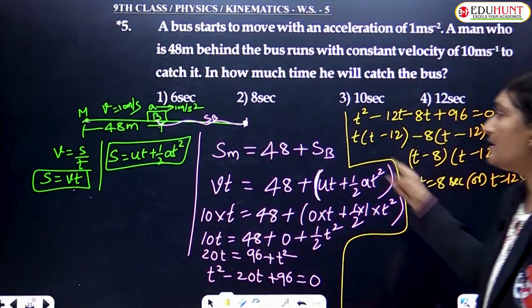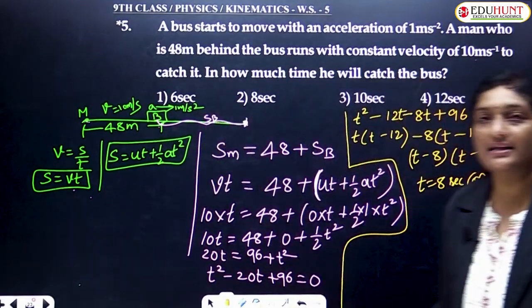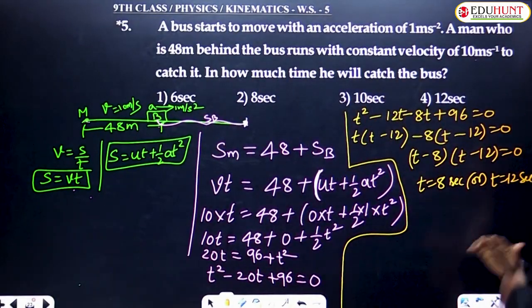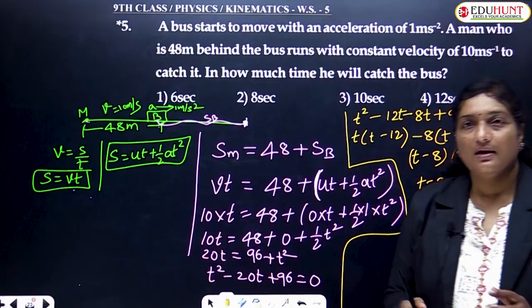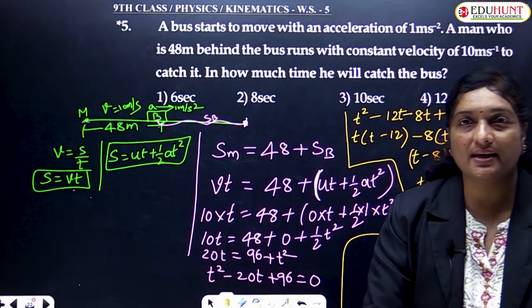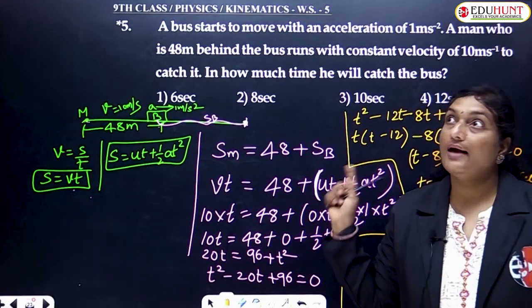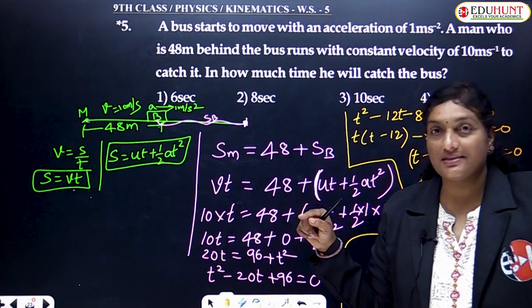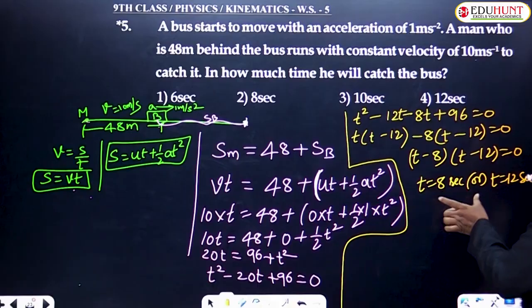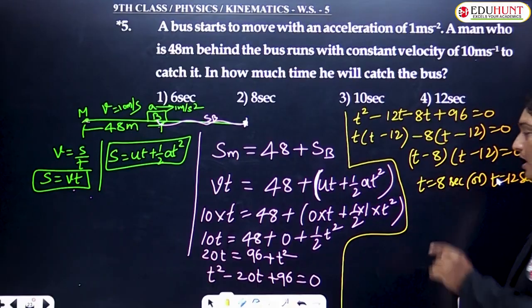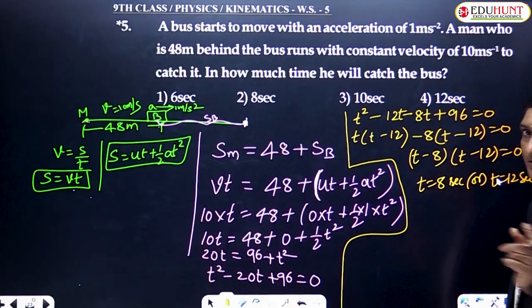So at what time is the man able to catch the bus? Maybe after 8 seconds or maybe after 12 seconds. Children, coming to the point. Simple logic: if he is able to catch the bus in 8 seconds, does he wait until 12 seconds and say let me catch it again at 12? No. So always, if you get two options for time, take the lesser value.